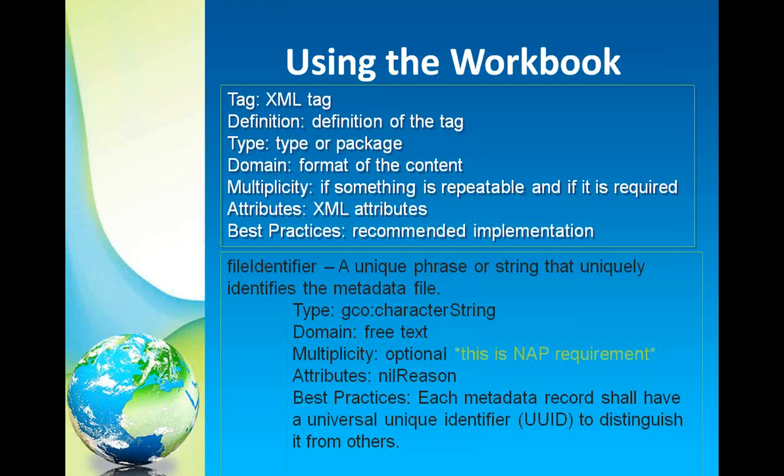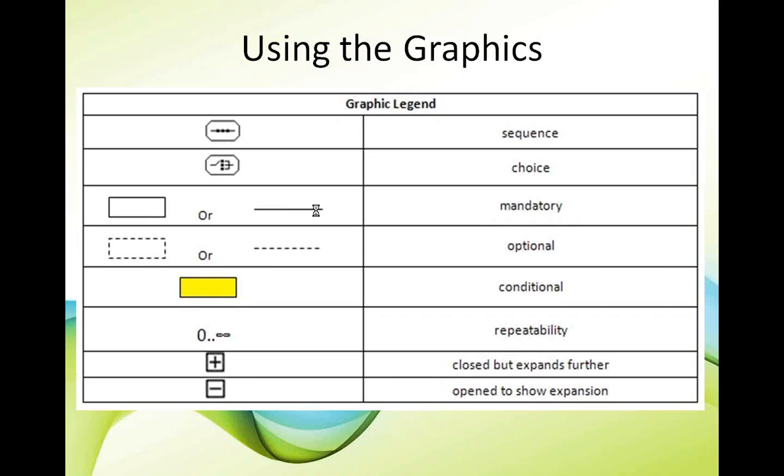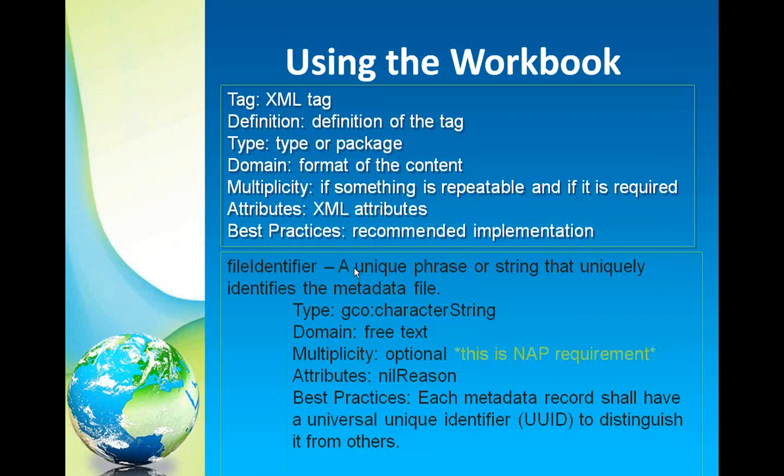The workbook is structured as follows. The file identifier is an example of that structure. You'll see this right here will be what the XML tag is, and then this will be a definition of the type of information that belongs there. You'll have a unique phrase or string that uniquely identifies that metadata file. The type is GCO character string, which means I can put free text in that tag.